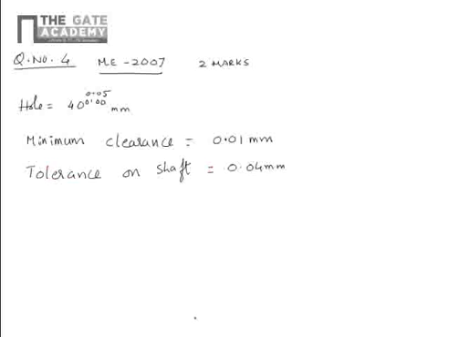The maximum clearance in mm between the hole and shaft is, we need to calculate the maximum clearance, 2 marks. Maximum clearance equals how much you need to calculate. To solve this type of problem, you need to first draw the diagram, then you'll get the answer.